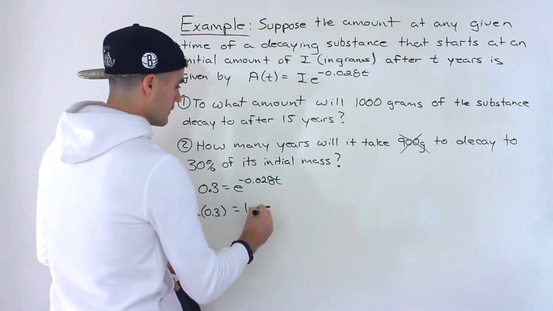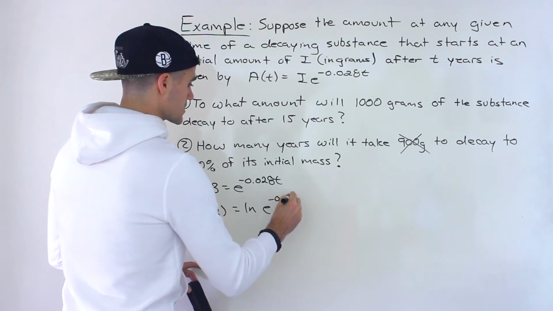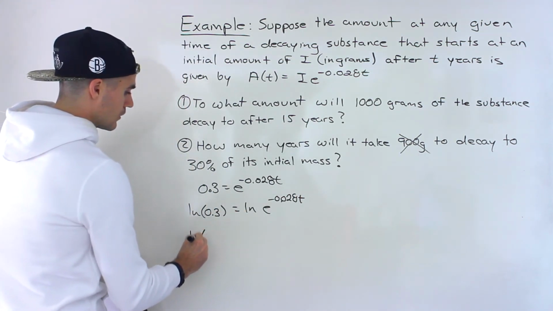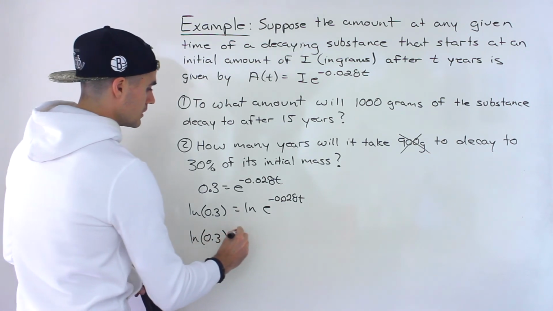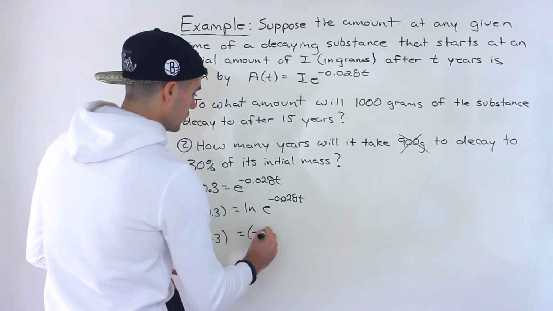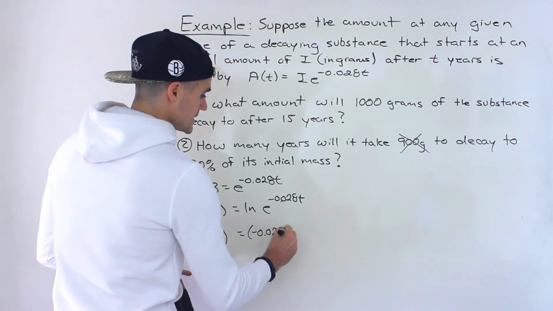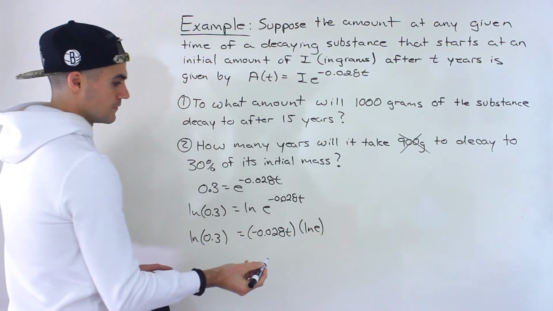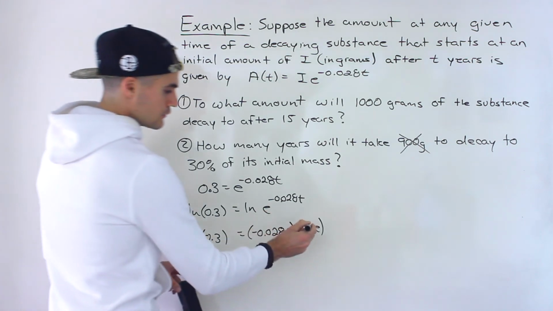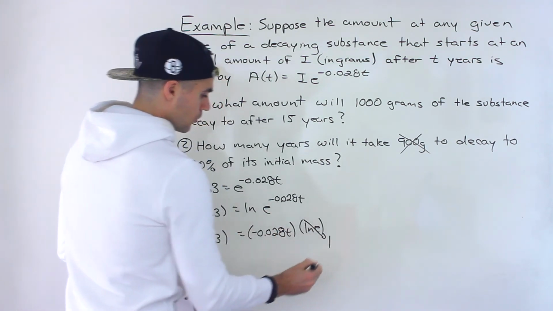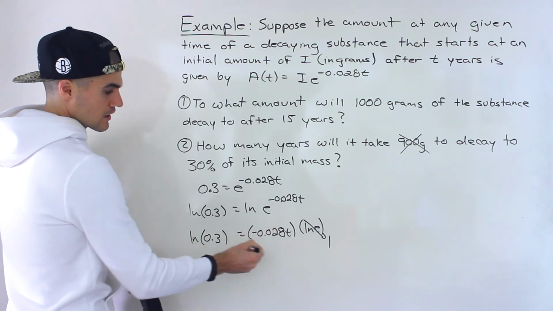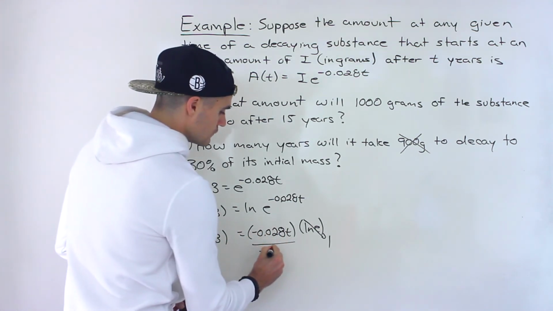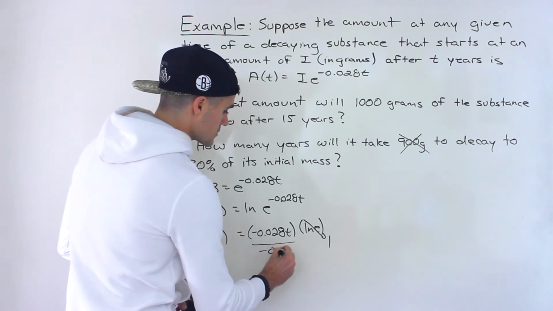And then if we ln this using exponent rules, well, we can now bring the exponent down. So we'd have ln of 0.3 equals negative 0.028 t, and then we'll have ln of e, like that. And then ln of e, that is just equal to 1, so we actually just end up having this on that right side, and then to get that t, we would divide both sides by negative 0.028.